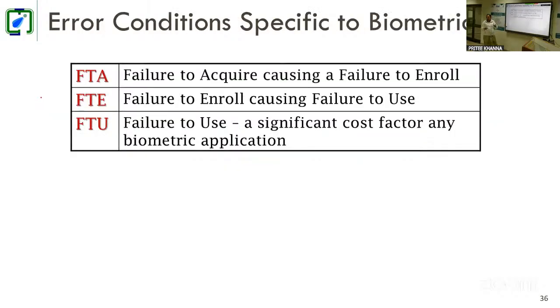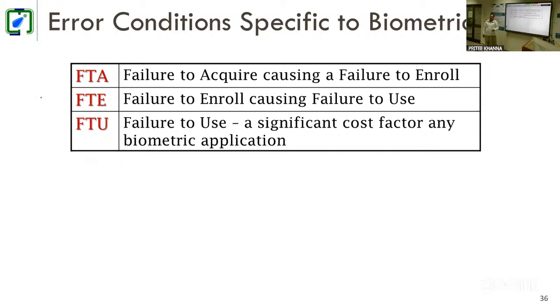Now there are some other types of errors. For example, failure to acquire, where you are not able to enroll yourself. Because you are not able to enroll, you are not able to use it. Failure to use is when you have deployed some system and you are not using it.